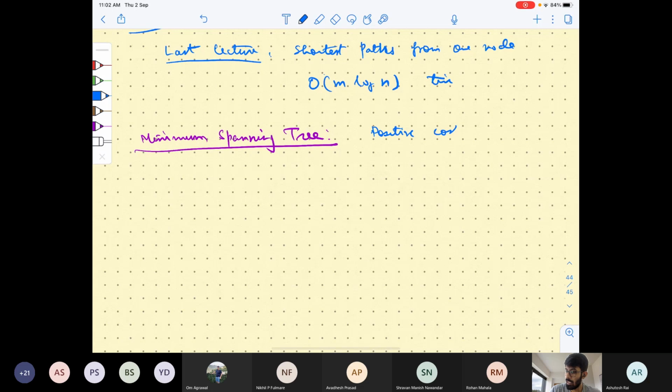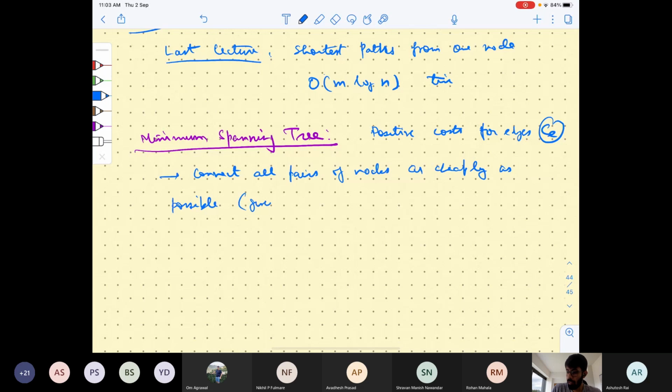Let's denote them by c_e. And what we want? Connect all pairs of nodes as cheaply as possible, given the graph is connected, of course.